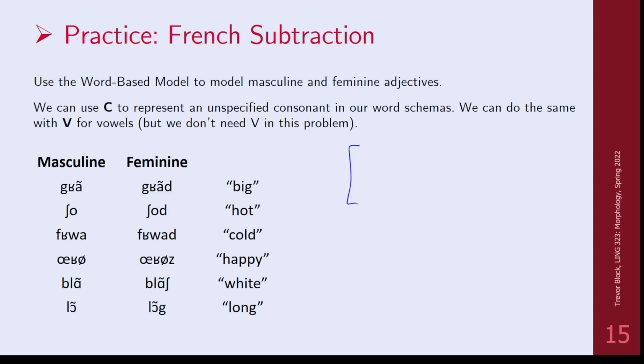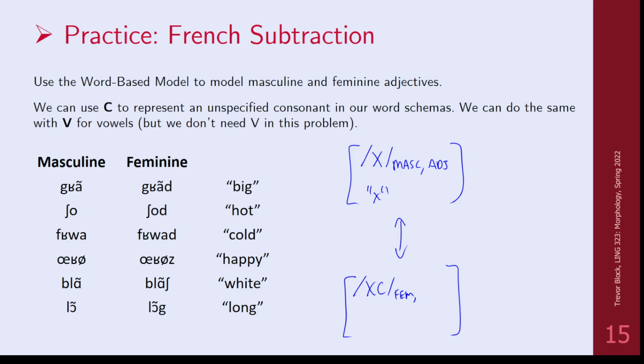So let's create some lexical entries for masculine adjectives. So this is going to be of the form X. This is masculine, and it's an adjective. So we'll just say whatever the meaning here is of X is, and what is the corresponding form in the feminine? Well, it's X with some consonant.